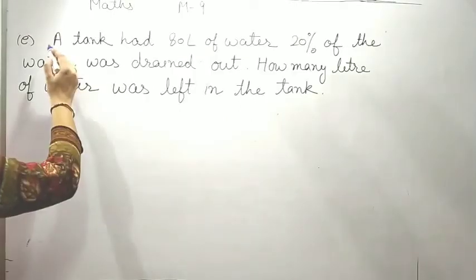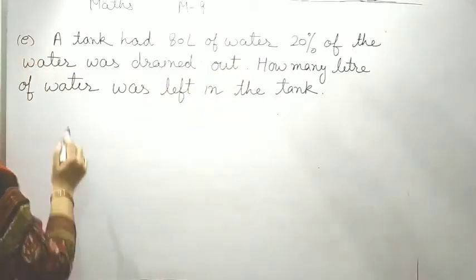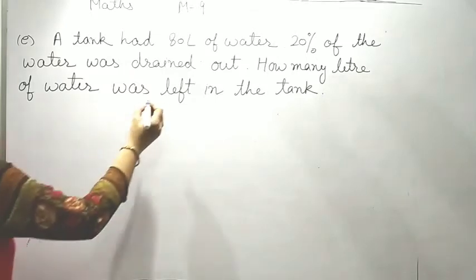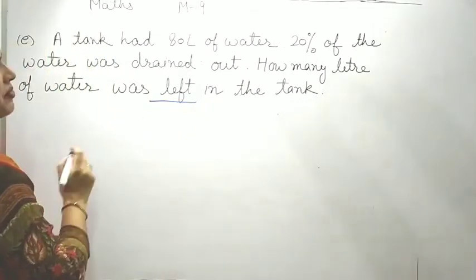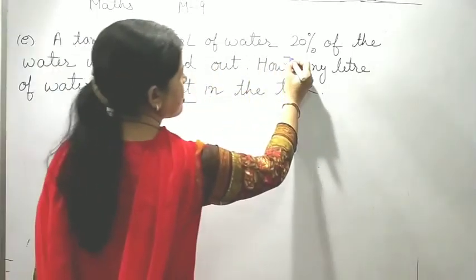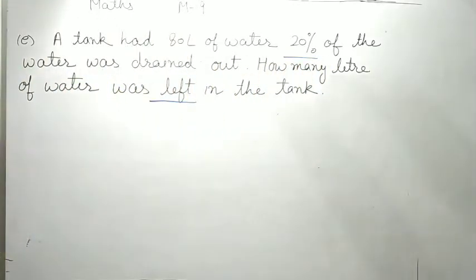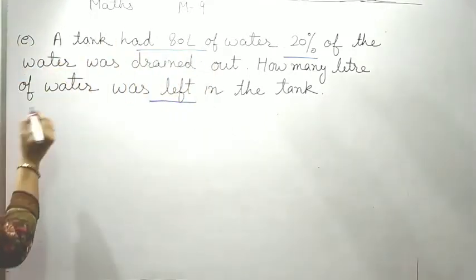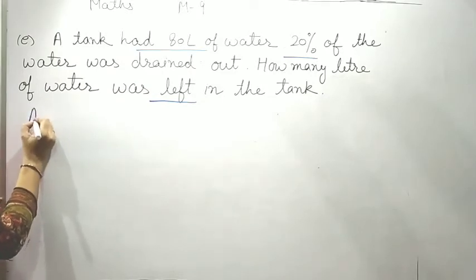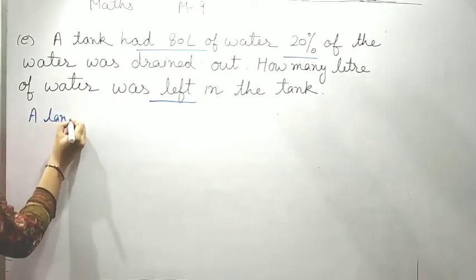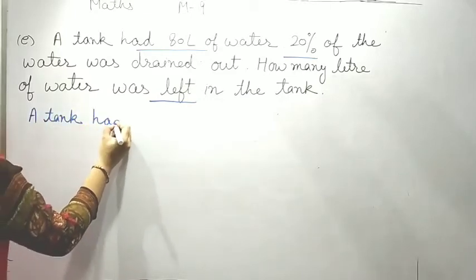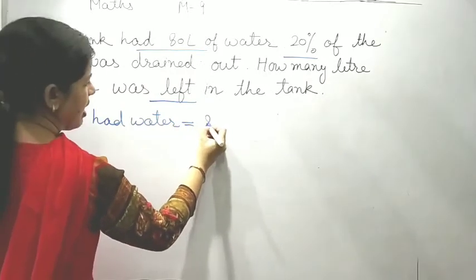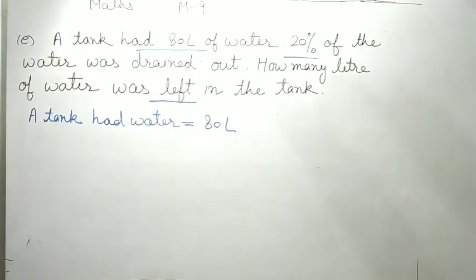Now the next question is, a tank had 80 liter of water. 20% of the water was drained out. How many liter of water was left in the tank? So write down, a tank had water is equal to 80 liter, right?